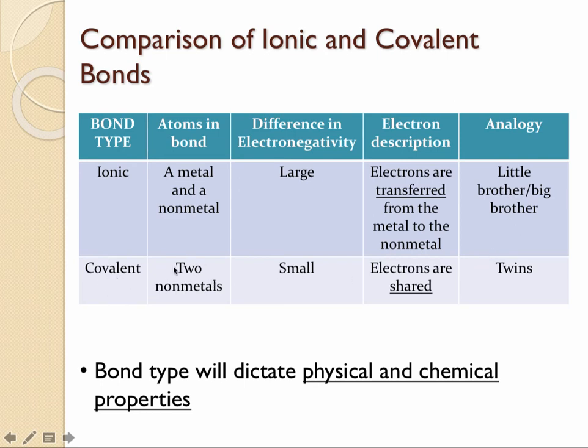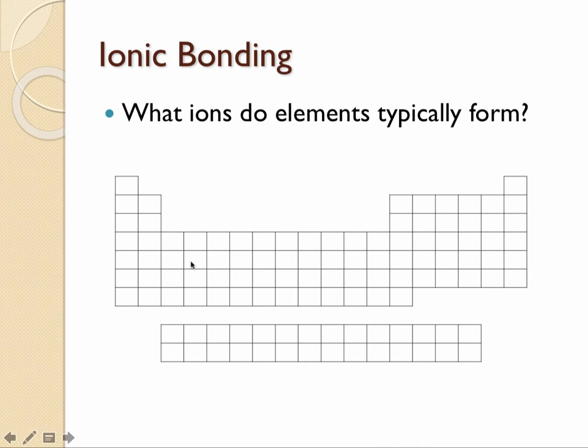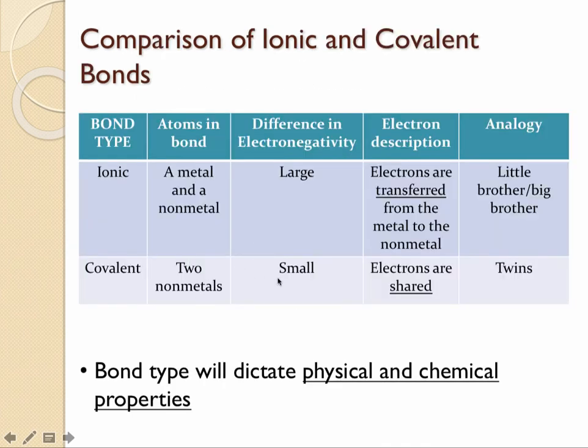Covalent, two nonmetals, small difference in electronegativity. Neither one of those nonmetals can pull, can steal an electron from another nonmetal, so the electrons end up being shared. Be like twins, kind of equal strength. They're exactly the same. Neither one of them has a high enough electronegativity to take the electron away from the other.